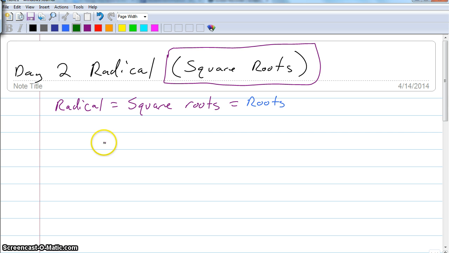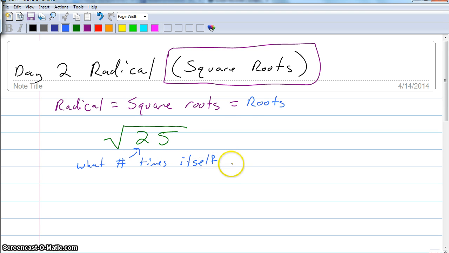So the square root looks like the old school division sign, except that it has a little hook on the end of it. That's the square root. So right here, this is the square root of 25. Now some of you might be familiar with square roots, but just in case, what square root means is what number times itself is 25.